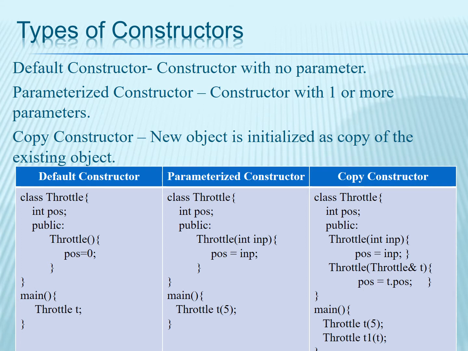Consider an object T1 declared with the parameter as another object T. This is an example of using a copy constructor, where the object of a class is a parameter to the constructor of the same class for a different object.